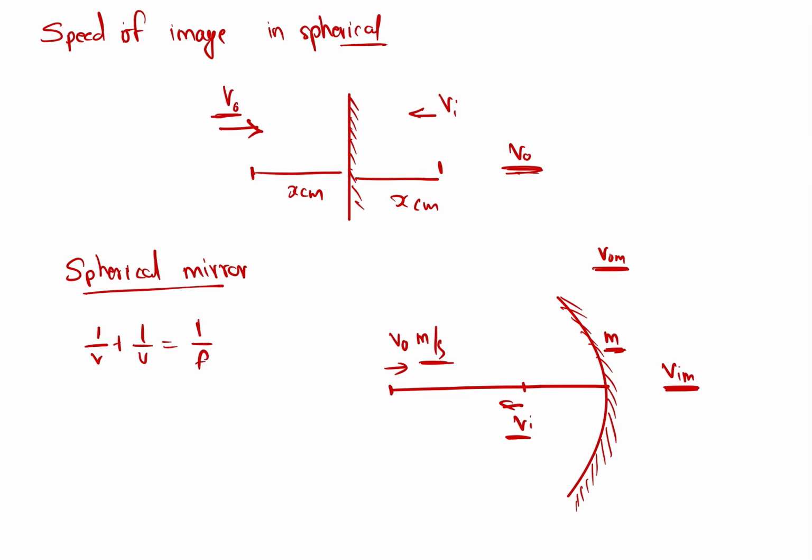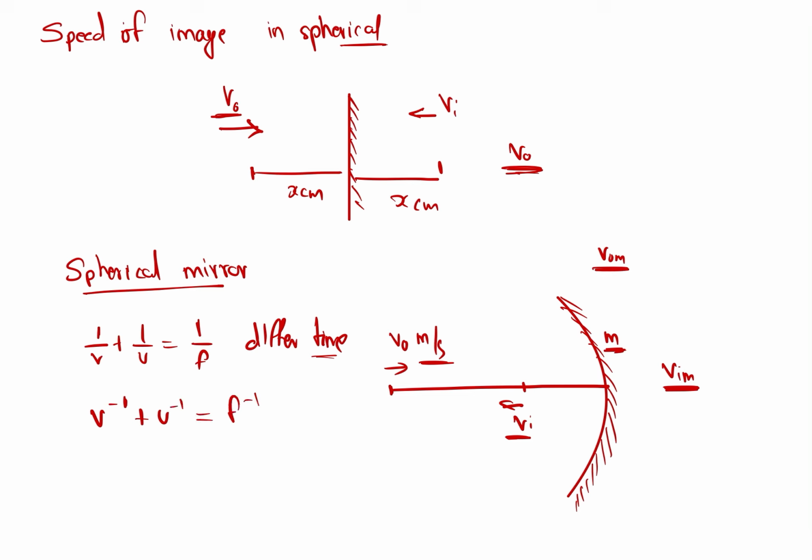Now we differentiate this with respect to time. We are just rearranging it for the sake of easy differentiation: V raised to minus 1 plus U raised to minus 1 is equal to F raised to minus 1.